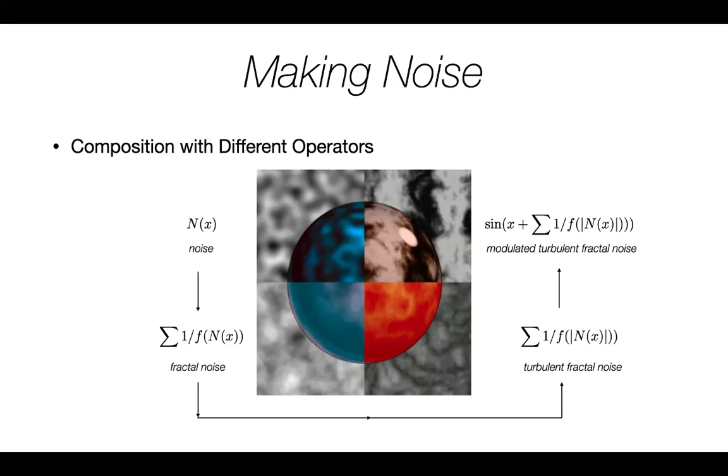But then if you use a sum of noise using 1 over f, you basically change the frequency of noise at different scales, and then we have this fractal appearance, the fractal noise. And if we take the absolute value of the noise in this sum of fractal noise, we have a turbulent appearance here.